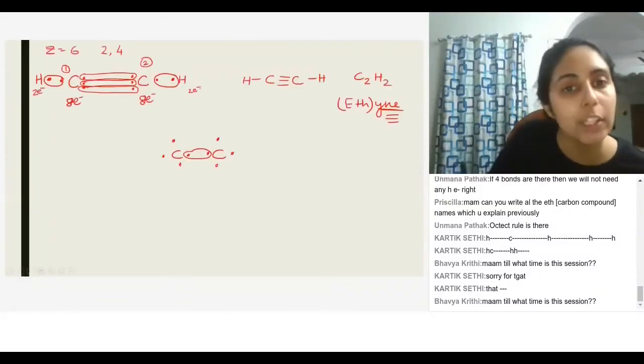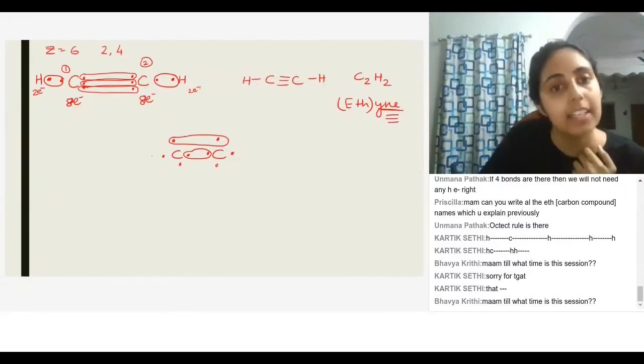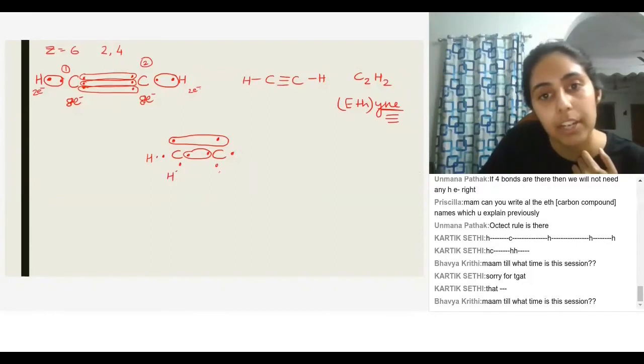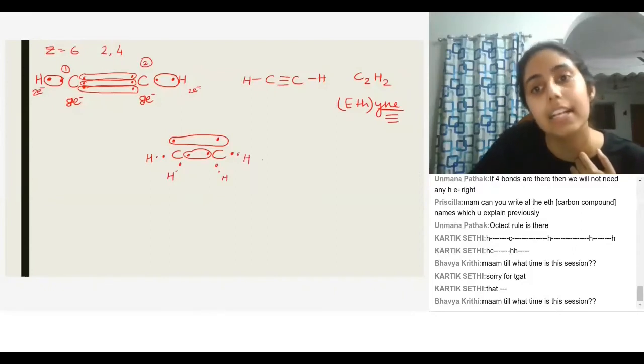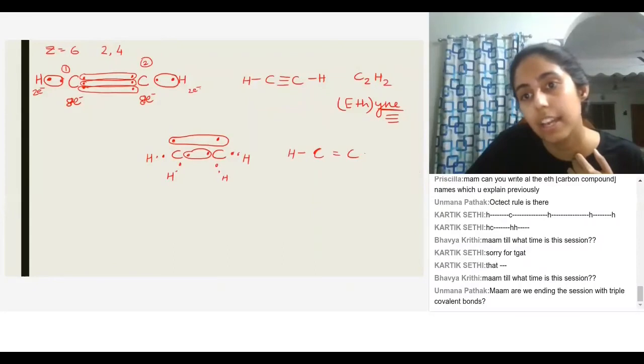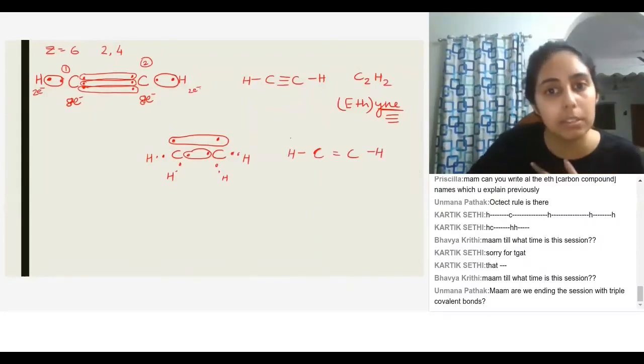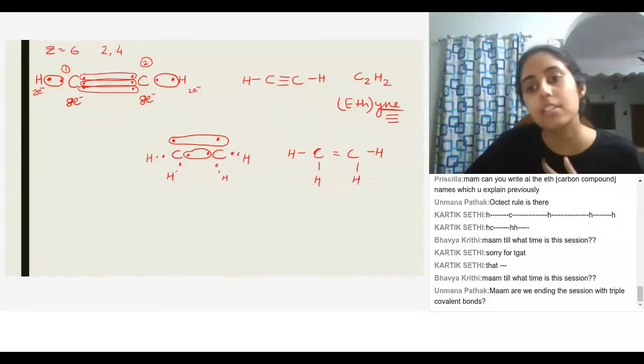Basically, I have to share 2 pairs of electrons for a double covalent bond, right? Then here I'll put hydrogen, and here hydrogen, and here hydrogen, and here hydrogen. So this is C2H4.